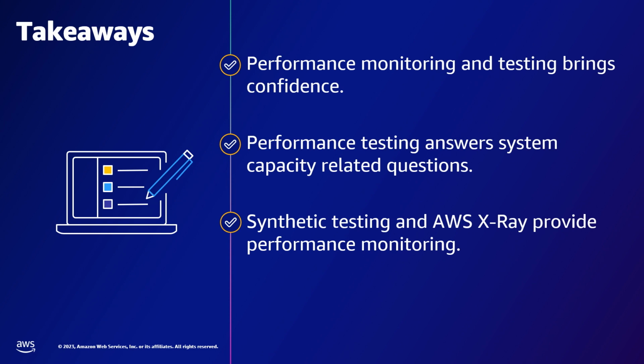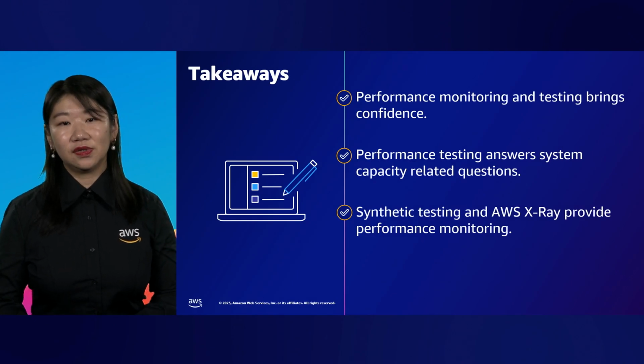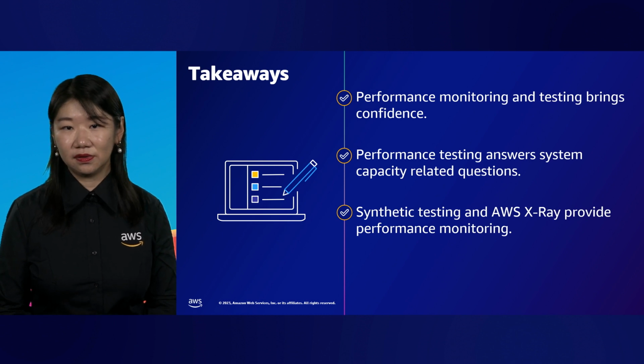Second, performance testing helps us answer questions about our system capacity limits. The tool we demonstrated here is the AWS Distributed Load Testing solution that is freely available. Thirdly, synthetic testing and X-ray are great tools to help monitor and diagnose performance issues. You can find all those tools in the AWS console under CloudWatch.